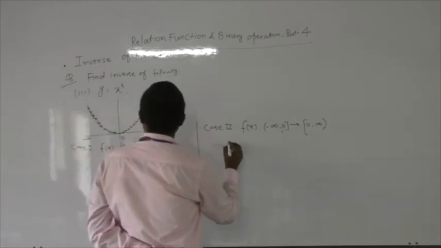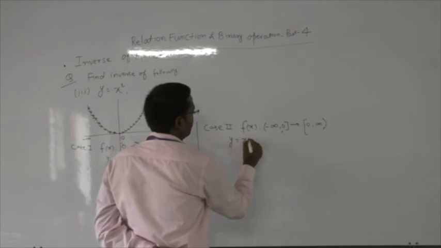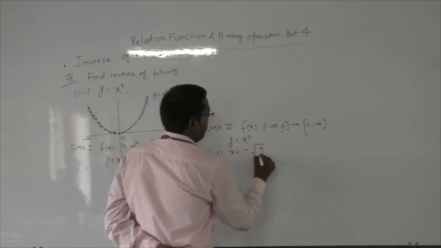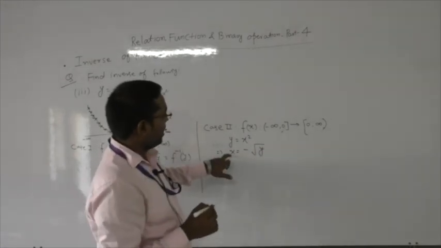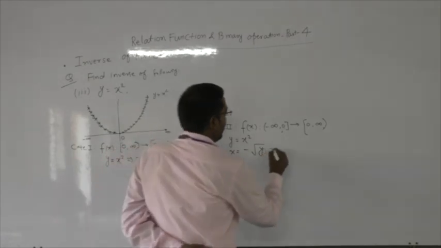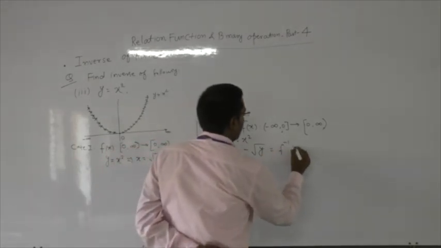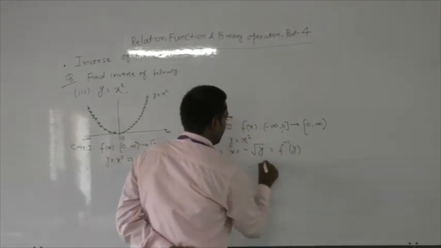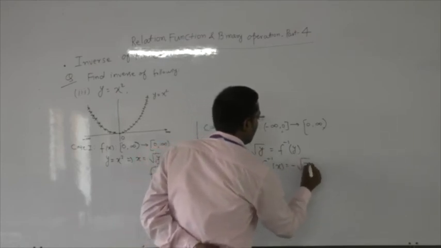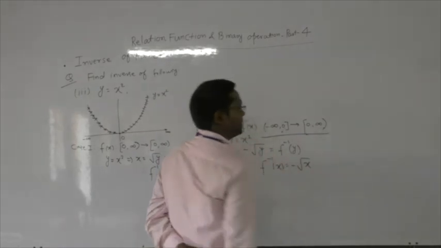So again we can write y equals x square, and x we can write as minus root y, because here the x value will always be negative, that's why I have taken the negative sign. So that is our f inverse of y. So in this case, f inverse of x will be minus root x under this constraint.